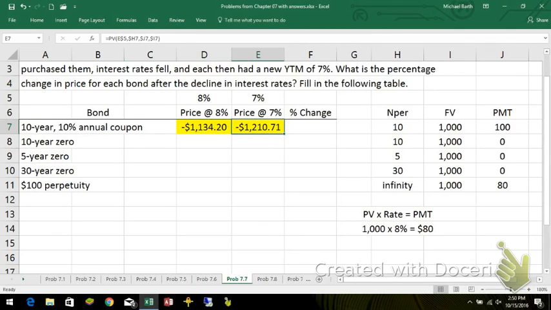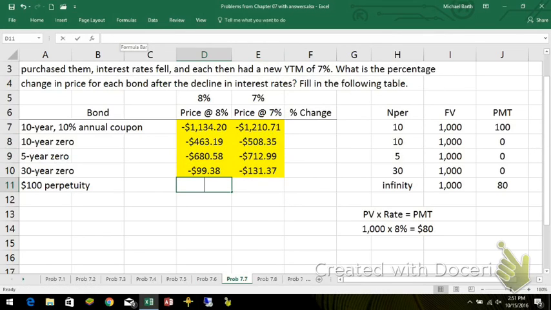The dollar sign in front of the row here means that when I copy it down, the row will stay the same, but now it's looking in this row for the data for this particular bond. And so I can copy all these down.